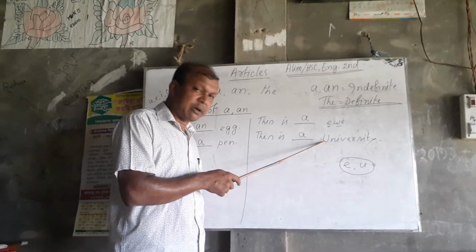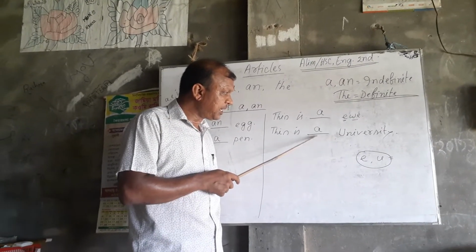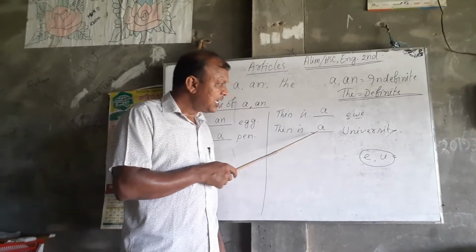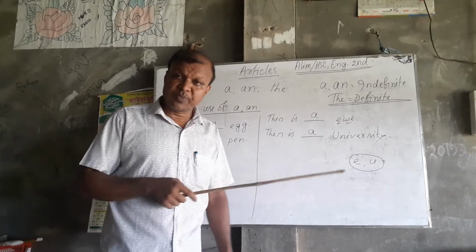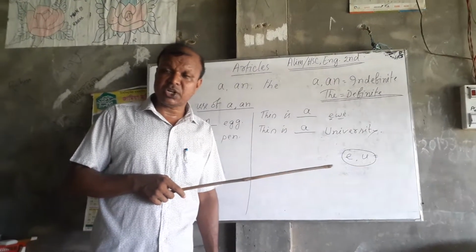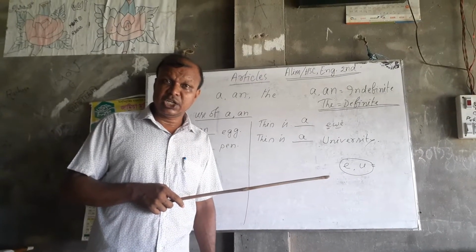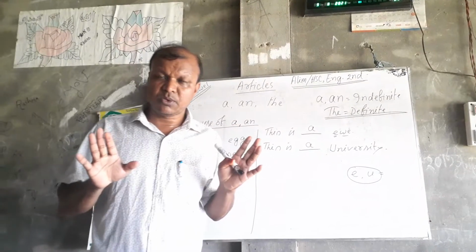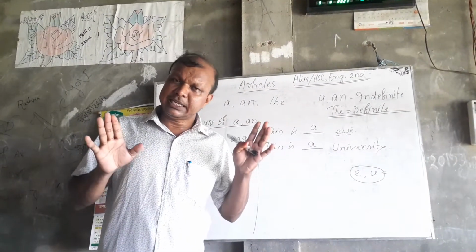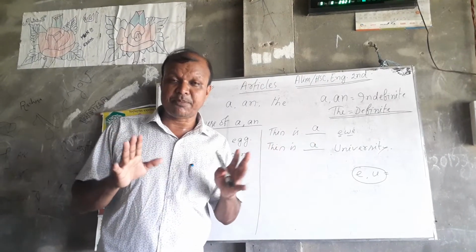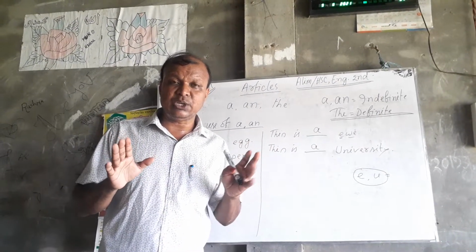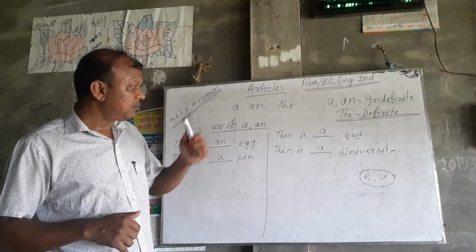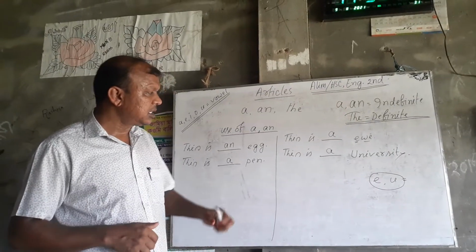Although this letter is a vowel, I have written A instead of An, because it is pronounced like "you". If the pronunciation of E and U is "you", then we have to write A in the gap. We can't use An in the gap, because the pronunciation of the word is another way.